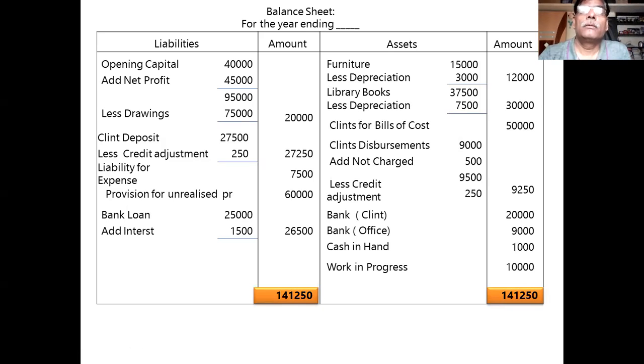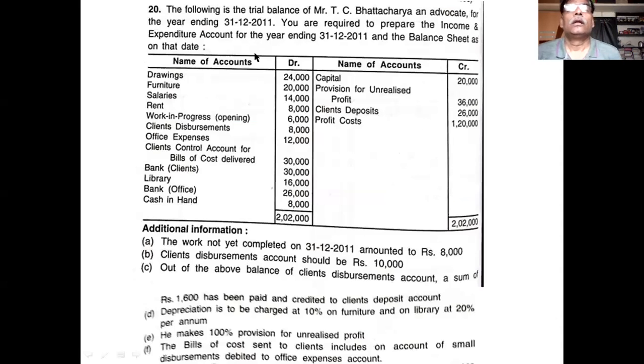Problem number 19 is completed. Problem 20 is the same. In problem 20 also you have to do this. Drawing goes to balance sheet, furniture goes to balance sheet. Salary, rent, work in progress go to income and expenditure.